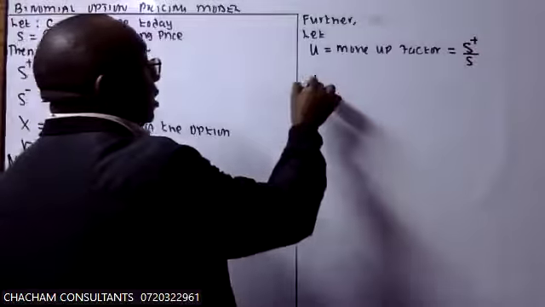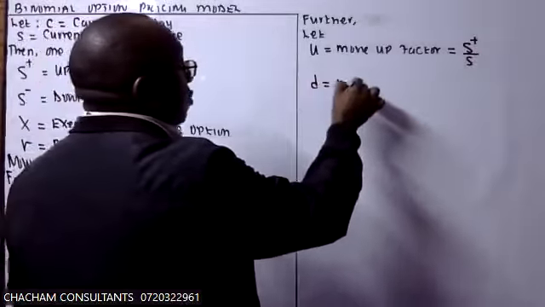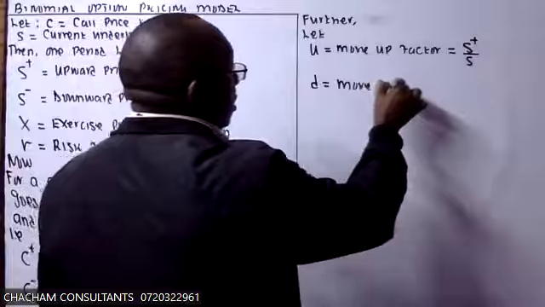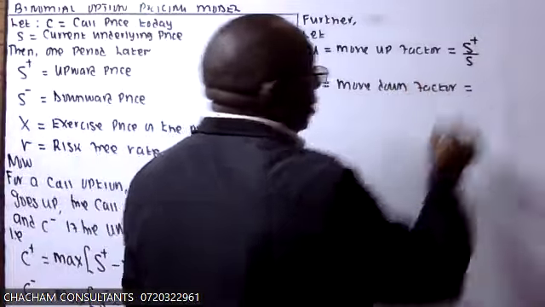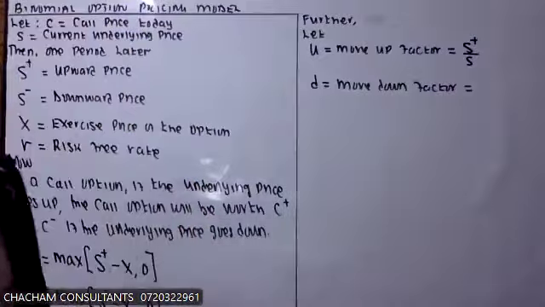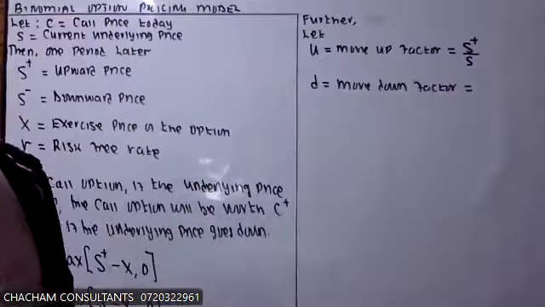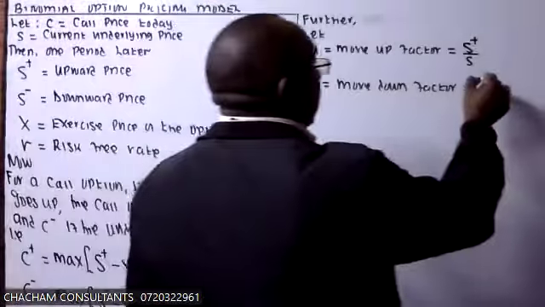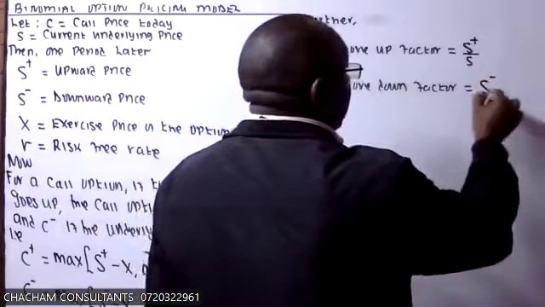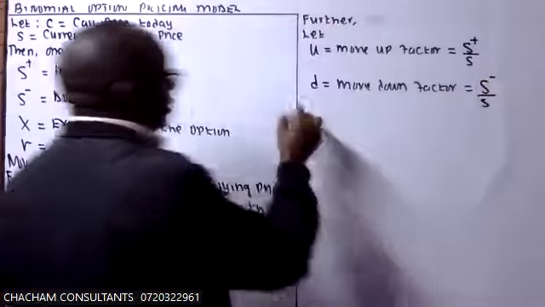Let D be the move down factor, which will be given as S negative divided by S.